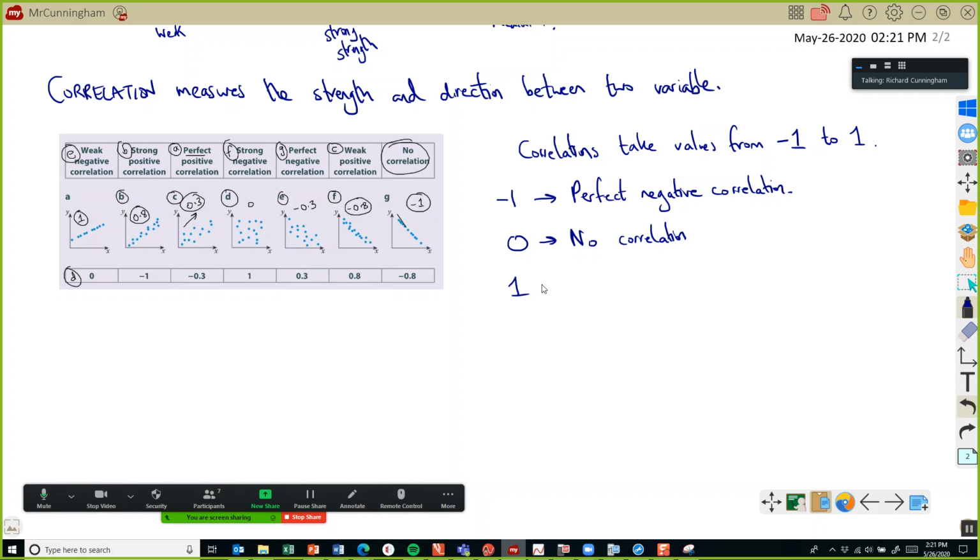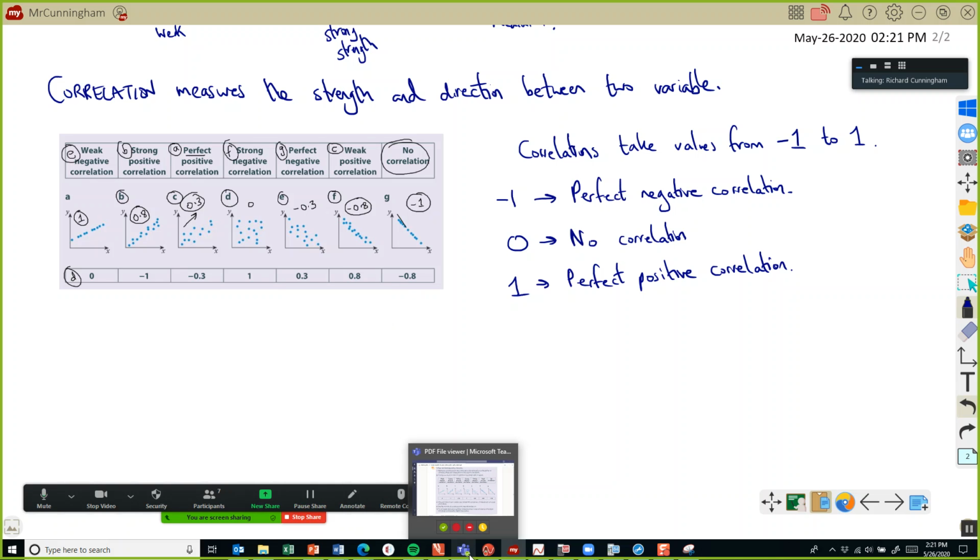And a value of +1 means it's got a perfect positive correlation. Okay, and then we've got everything in between. So the closer it gets to 1, the more perfect it is, positively. The closer it gets to -1, the more perfect it is in a negative direction. And the closer it gets to 0 means there is no correlation at all.